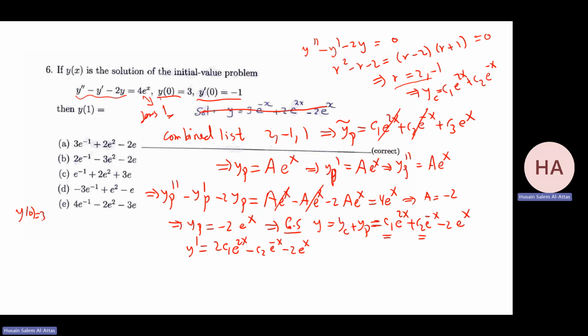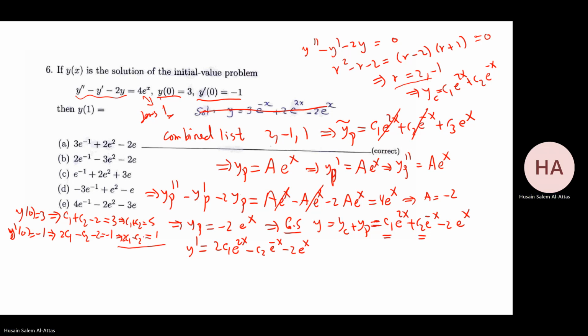y at 0 equals 3. That implies c1 plus c2 minus 2 equals 3. So c1 plus c2 equals 5. y prime at 0 is minus 1. Let me see what the equation will be. So I have 2c1 minus c2 minus 2 equal to minus 1. So I have 2c1 minus c2 equals 1.